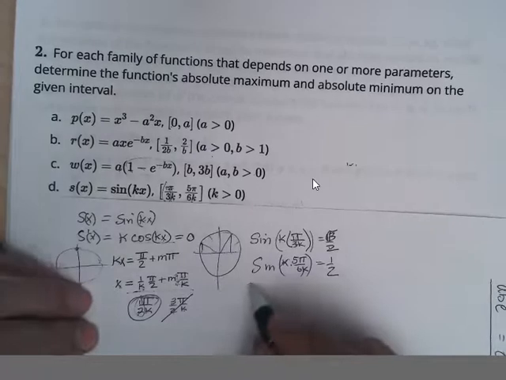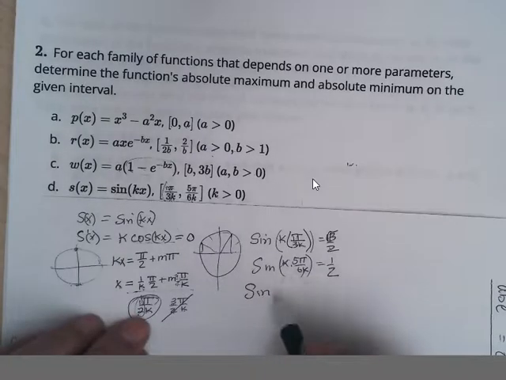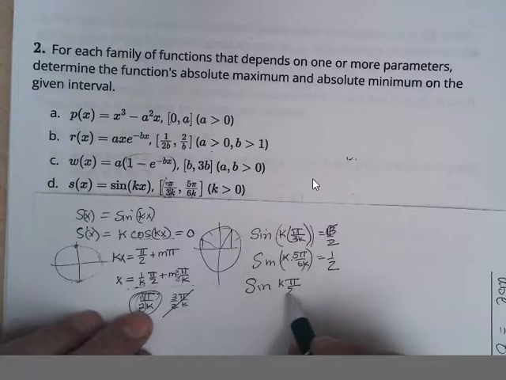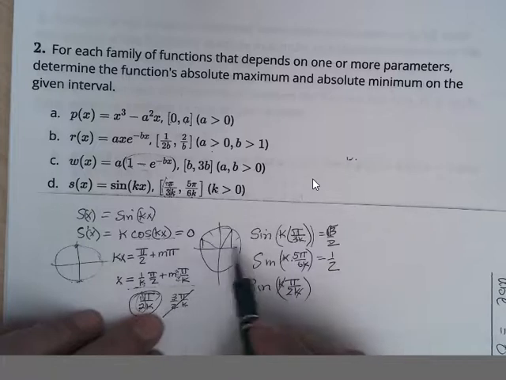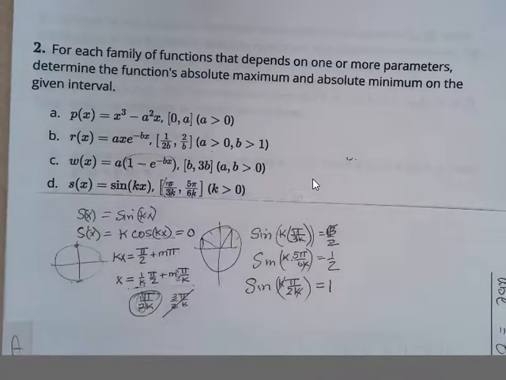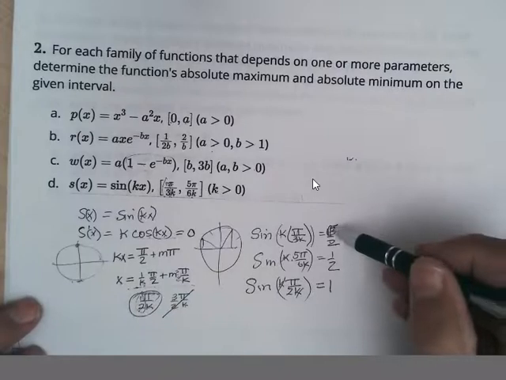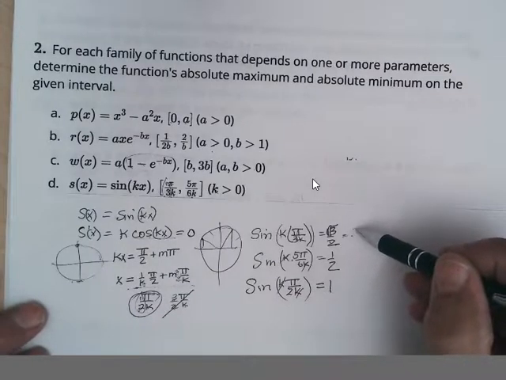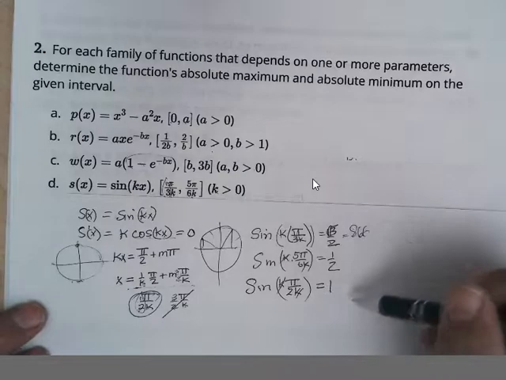And if we plug in the critical value of k times pi over 2k, the k's cancel, and I'm getting the sine of pi over 2, which is 1. So square root of 3 over 2 is 0.866.